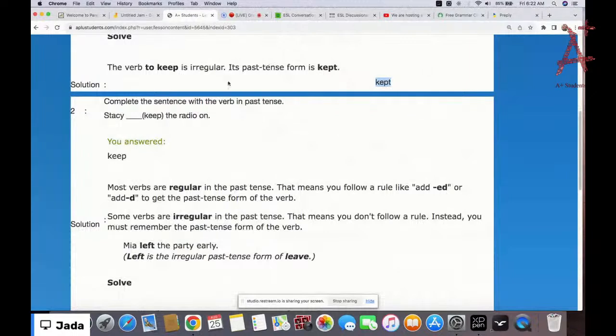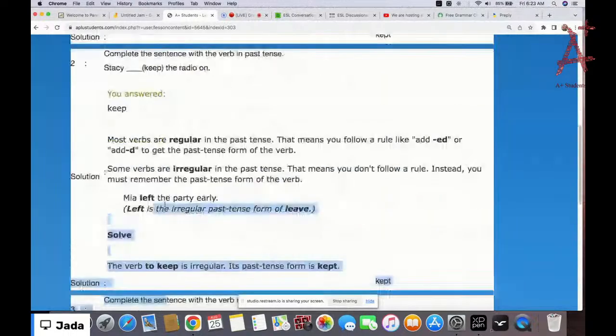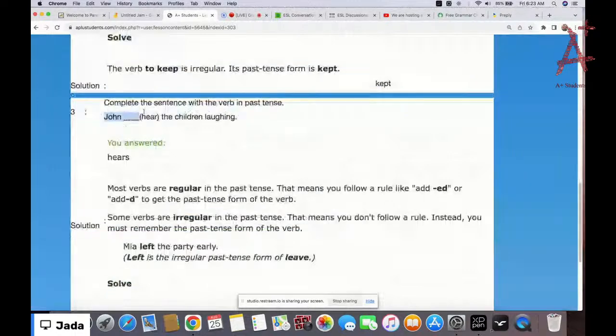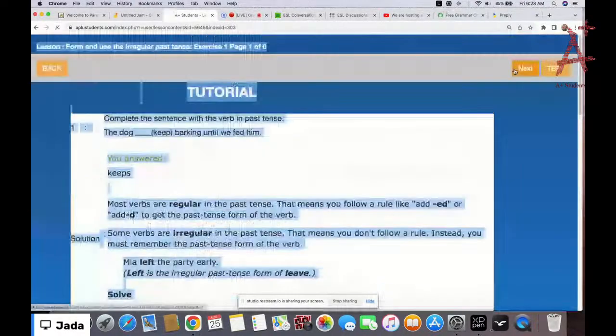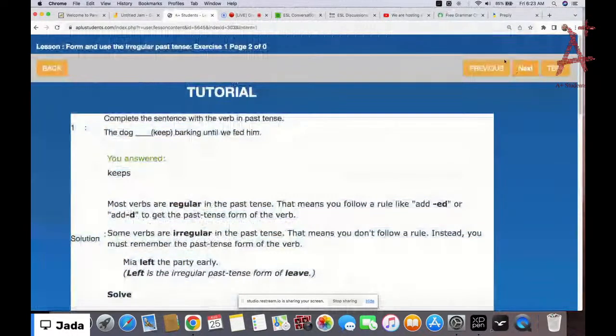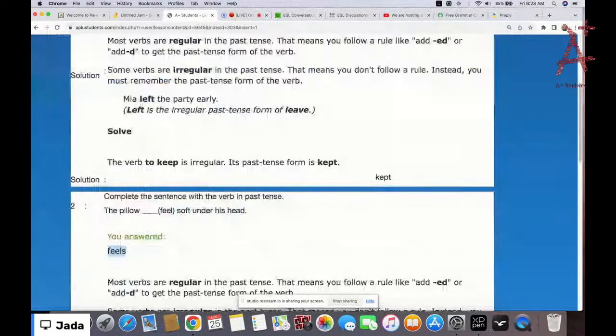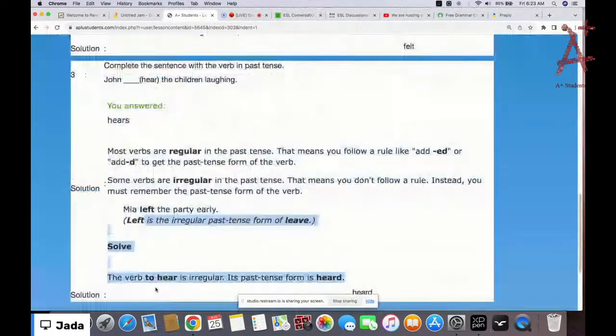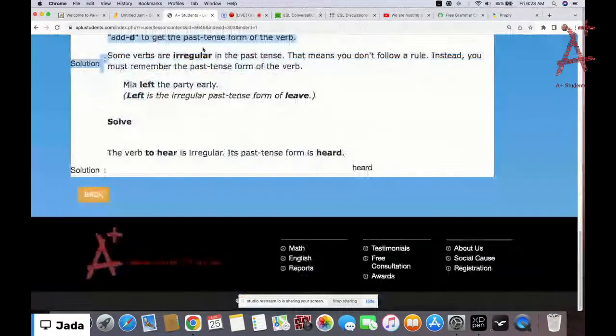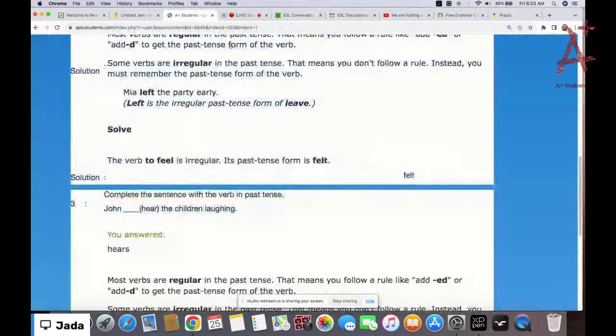John heard the children laughing. Let me see if there are more examples for you. Now the pillow feels soft under his head. Then the pillow felt soft. The pillow felt soft under his head.